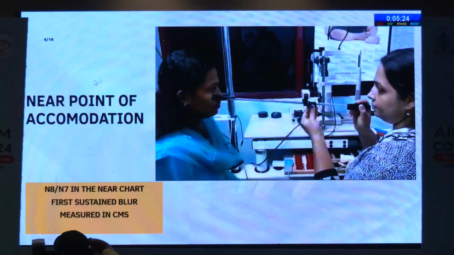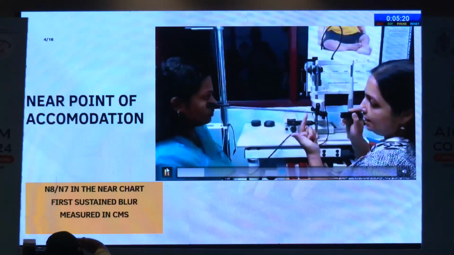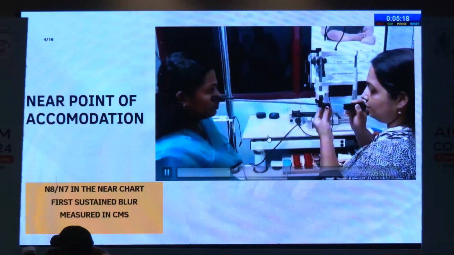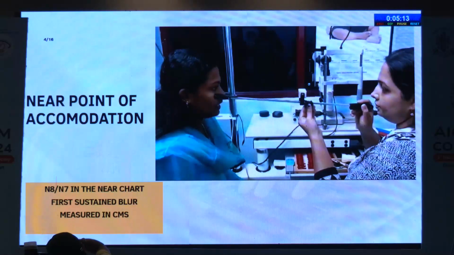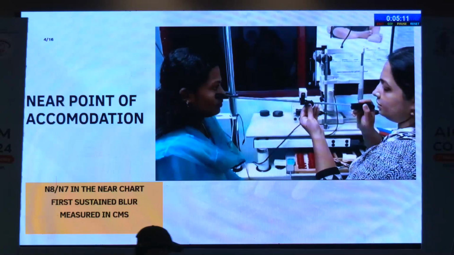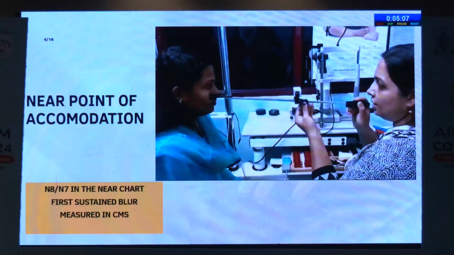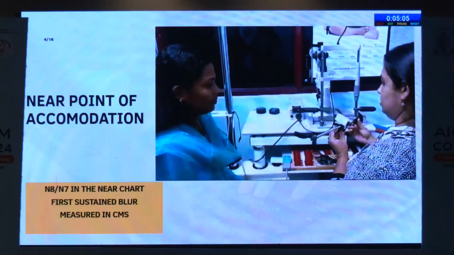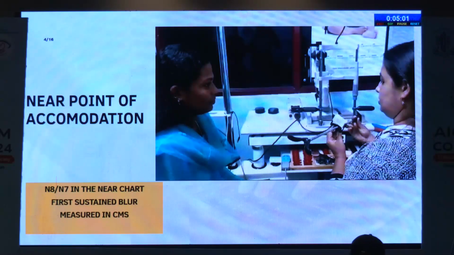Just see how accommodation amplitude and near point of accommodation are tested. You explain to the patient very well how you are going to do this. You can do this with a RAF ruler. The patient has to concentrate on N8 or N7 in the near chart, and you bring the target close to the patient, and the first sustained blur the patient sees is measured in centimeters.